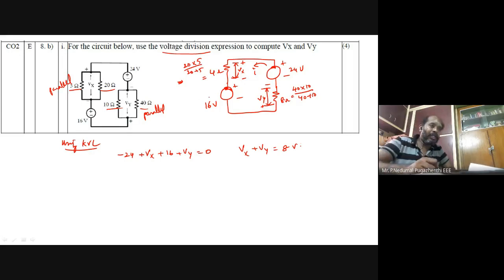So I can reduce this second figure, because the connection is in series. So this is 8 volt and the current is flowing in this direction, and this is plus minus Vx, this is plus minus Vy.